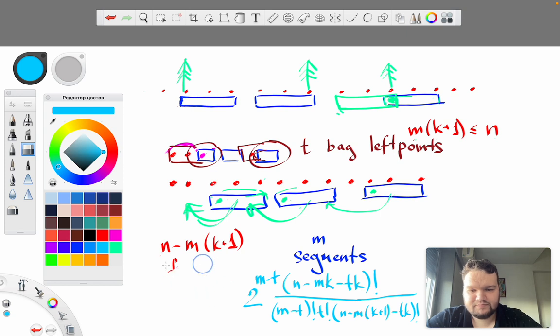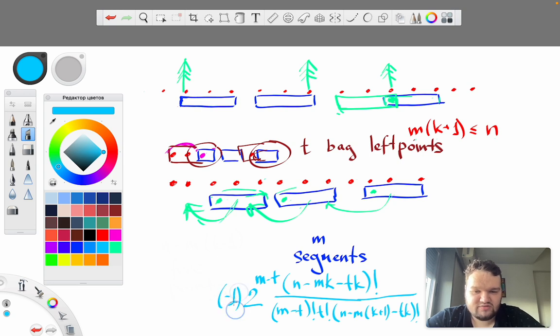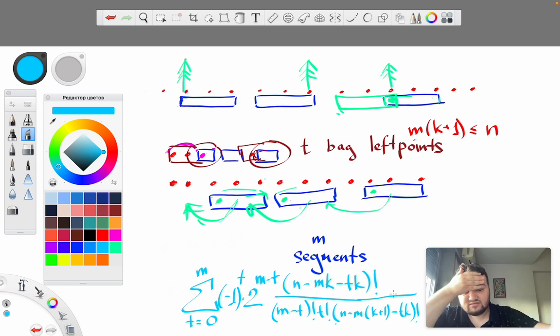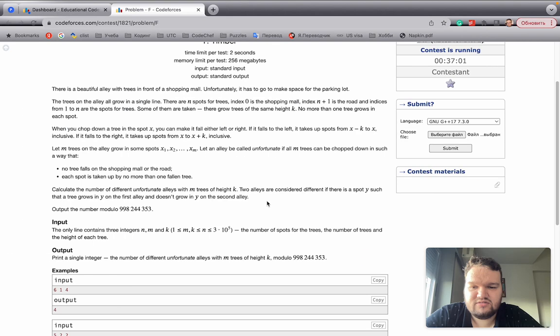Since it is inclusion-exclusion, we multiply by minus 1 to the power of t and sum this up for t from 0 to m, considering that this should be non-negative. I think that this is the answer exactly, and we can calculate it in linear time.